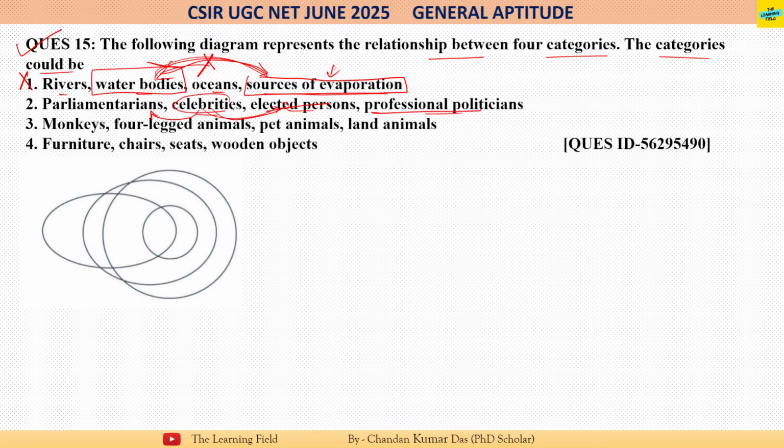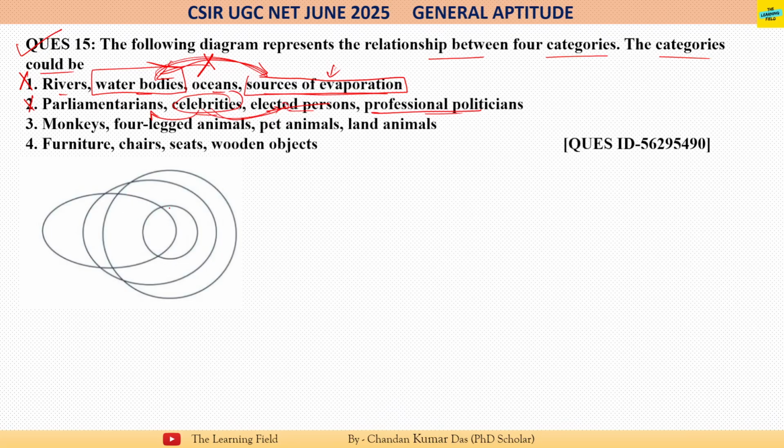Similarly, celebrities may be professional politicians, but may not be. The sentence is not 100% correct because between celebrities and elected person there may or may not be a relation, but we don't know that. But here in the picture all four are related or connected, so this is also not our answer.